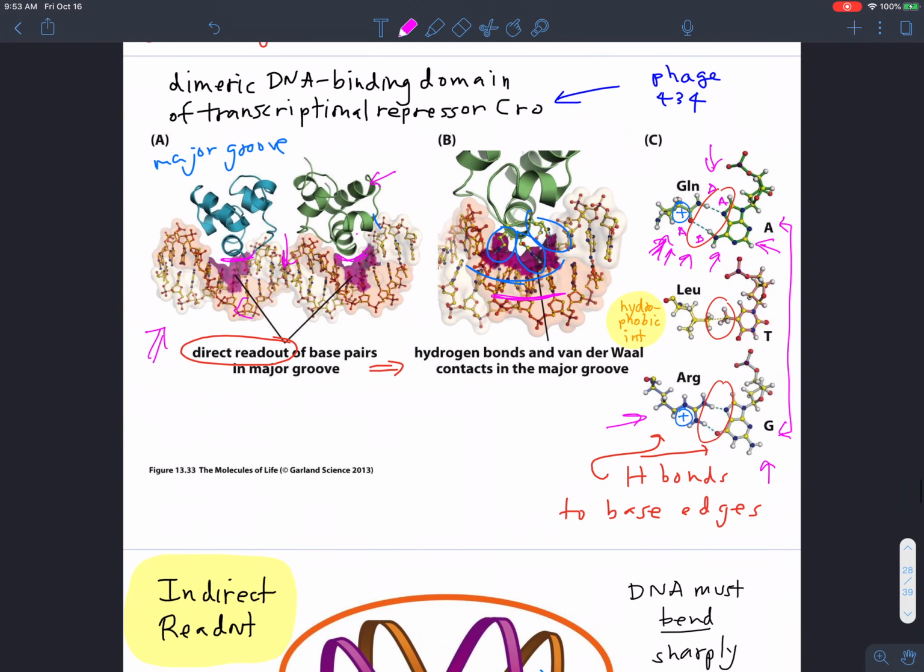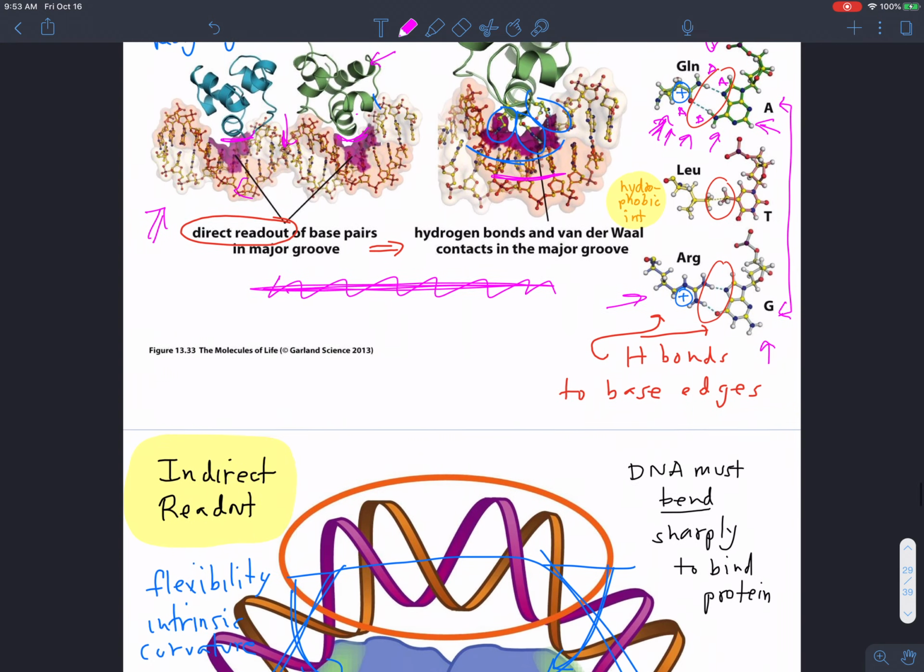All right, so this is the general pattern, maybe the most common type of pattern that allows a protein to bind to a specific site on the DNA, one specific site in the whole cell along the DNA.